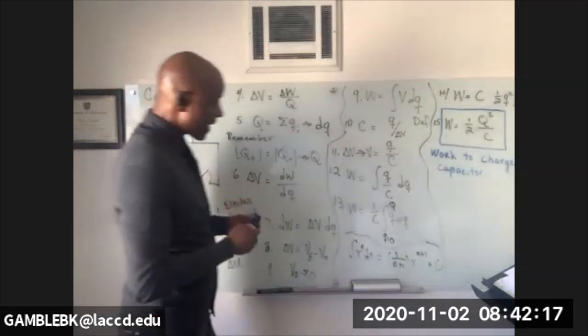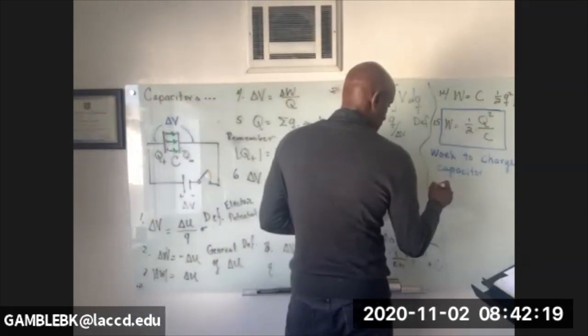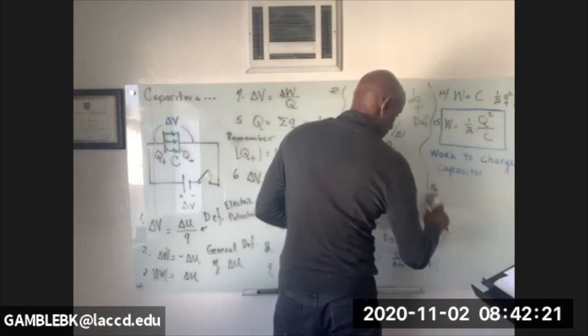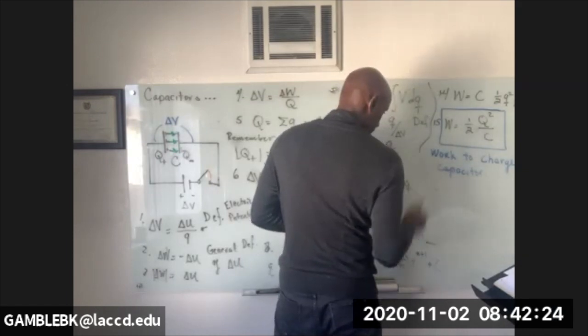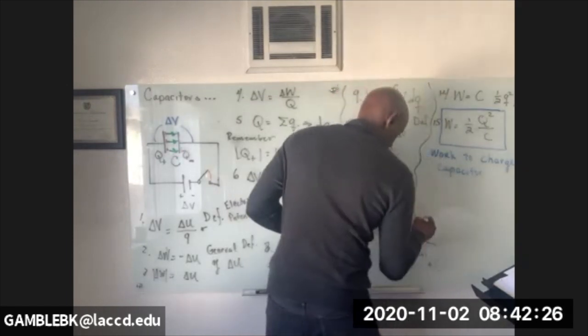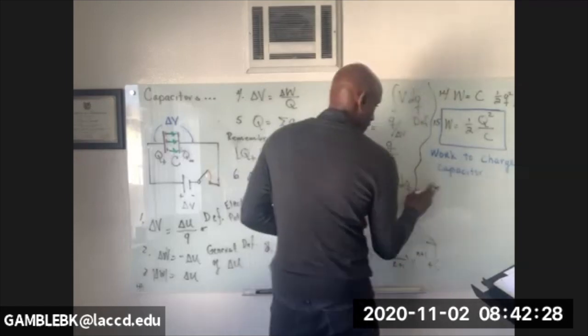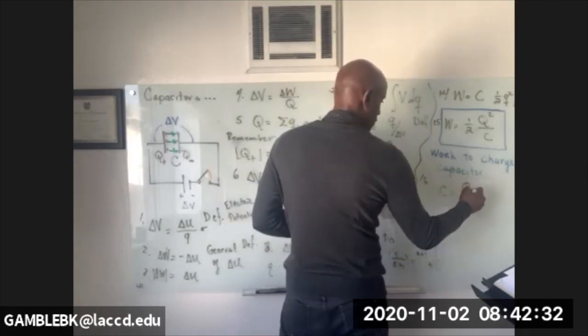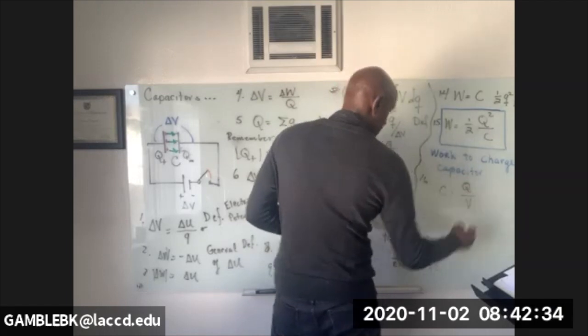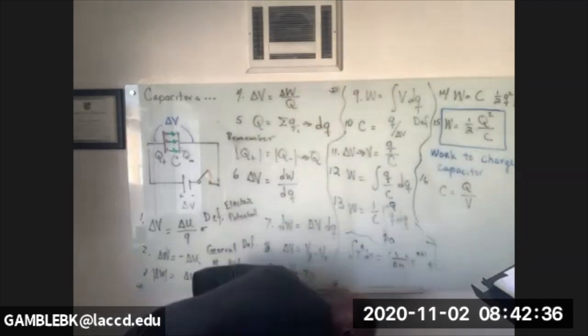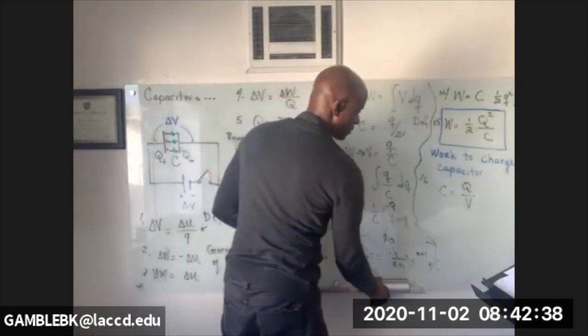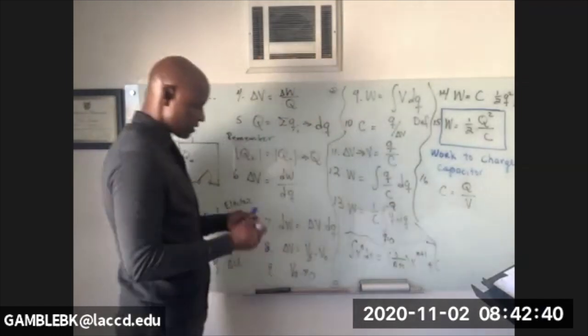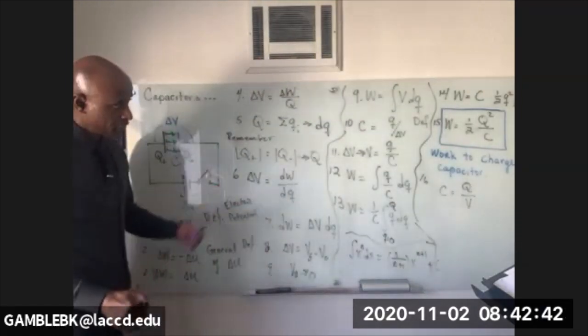Now, the definition of capacitance gives us different perspectives. Remember, capacitance is equal to charge over voltage. I'm not using a delta V in that case because I'm applying it specifically to this problem.